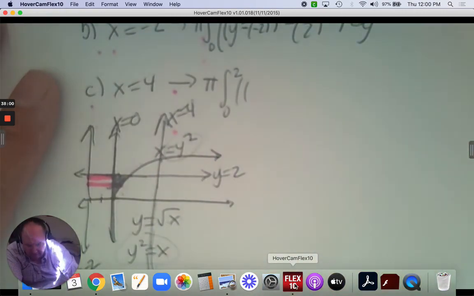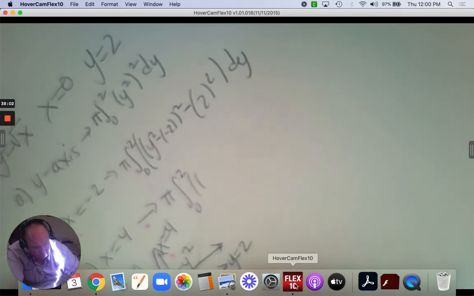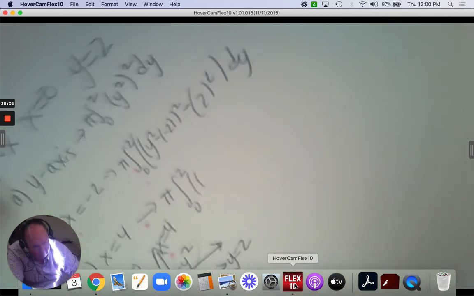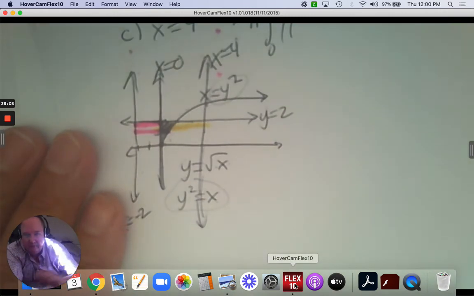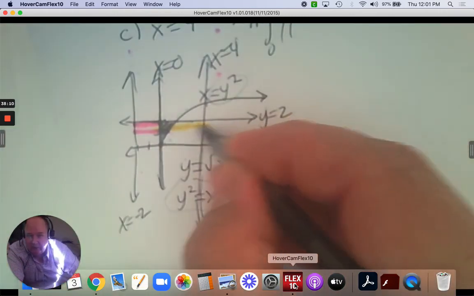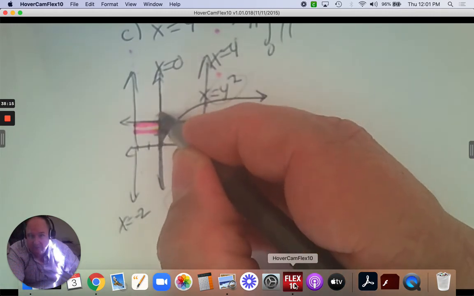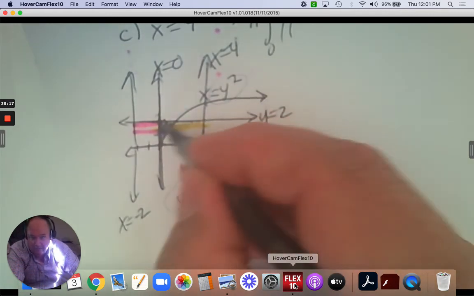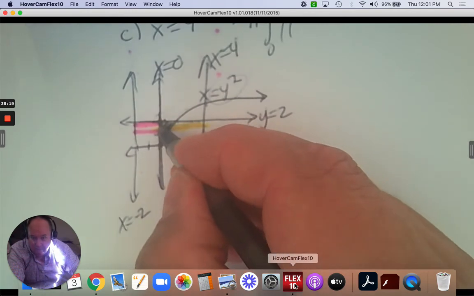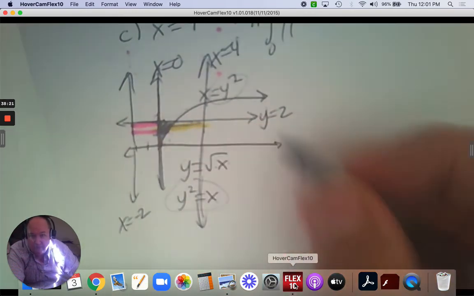But now what represents the big radius? So draw it in. The big radius goes from the line you're revolving through the area to the left side of the area. Now, that's just a flat line. There's no curve involved. So what's the distance from that? And that distance is 4.